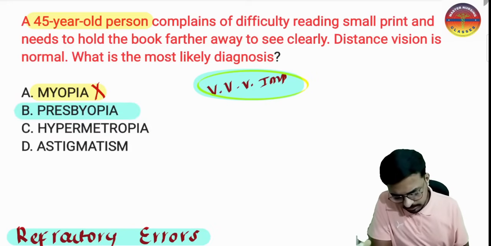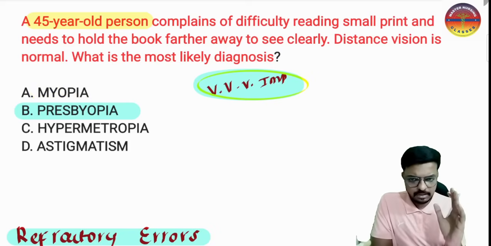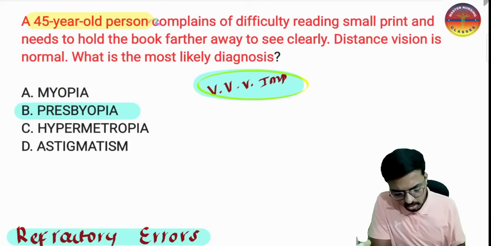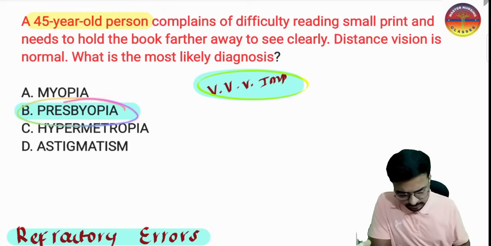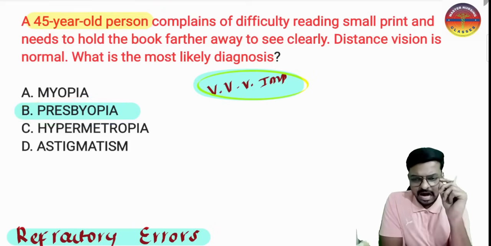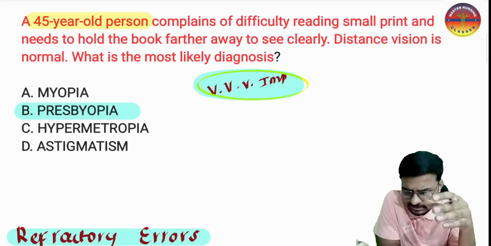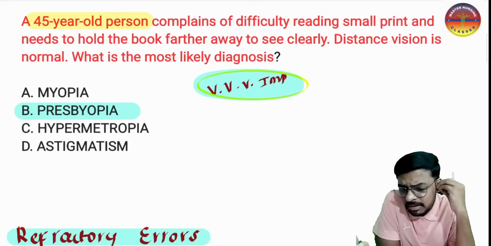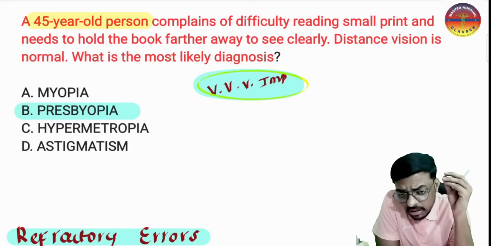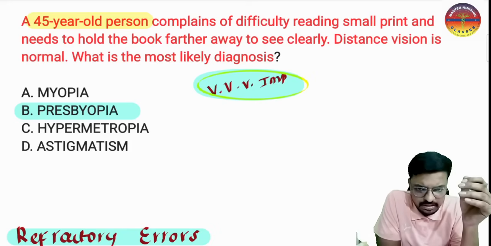The patient is complaining that distance vision is normal and only near vision is the problem, and that is happening due to old age, the aging process. So that is presbyopia. The refractive error happening due to the aging process is presbyopia, and the hearing problem happening due to the aging process is called presbycusis.